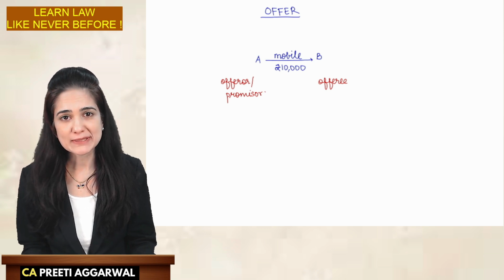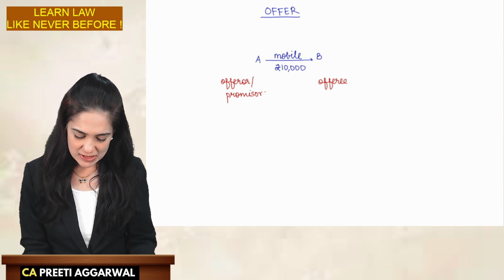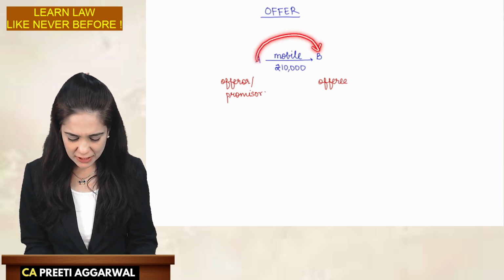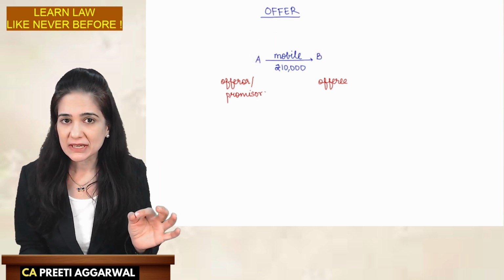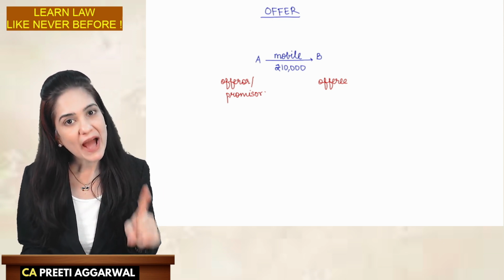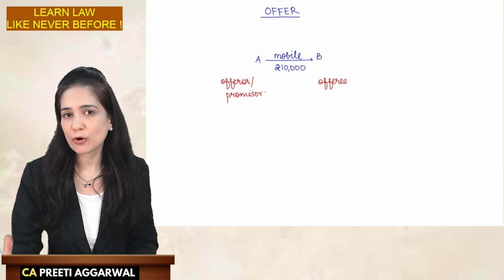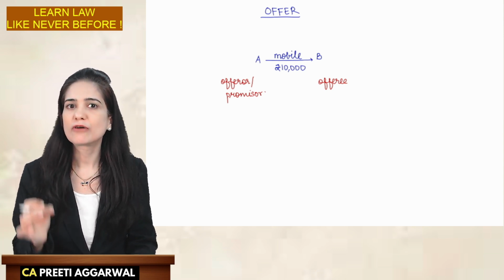Ma'am, you forgot to write something. Also known as promisee? No. The person to whom the offer is given is known as the offeree. He will become the promisee only after acceptance. So, for the time being, we have just given an offer to him. He is the offeree.